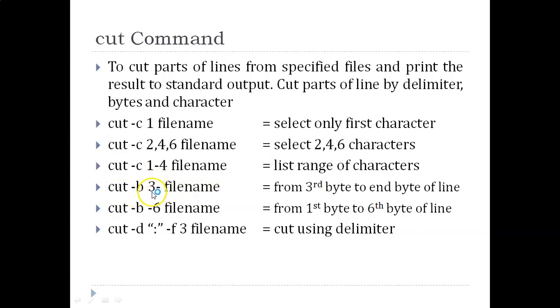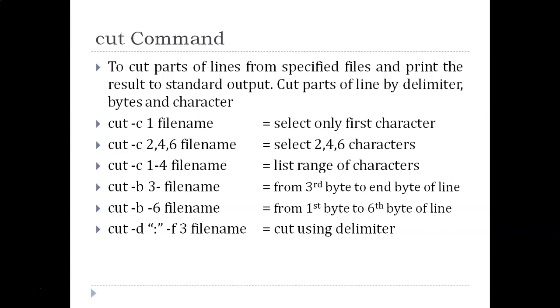Whenever we use 3 hyphen and the file name, it is going to cut from the third byte of the line to the end byte of the line. Byte is not the first character or second, third. From the third byte, it is going to cut from there till the end of the line.